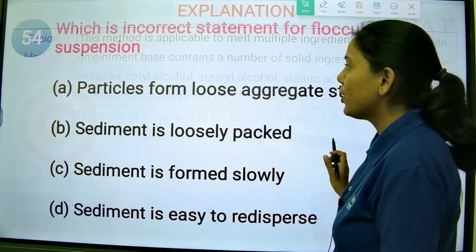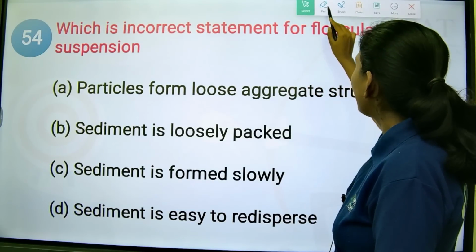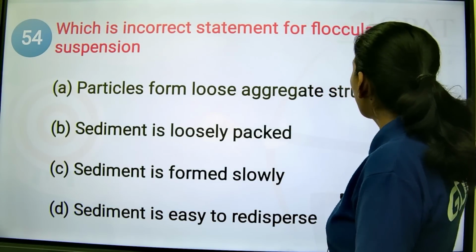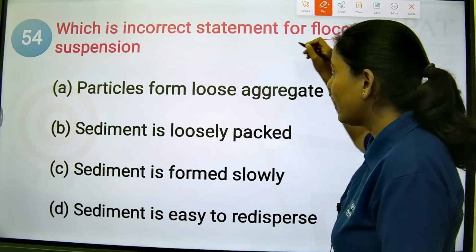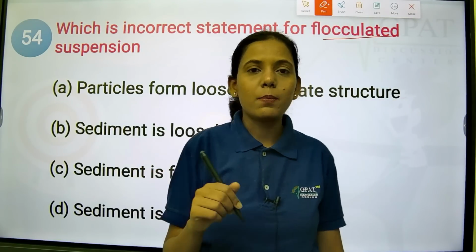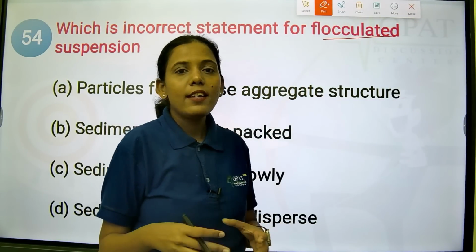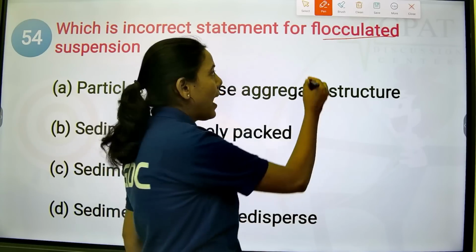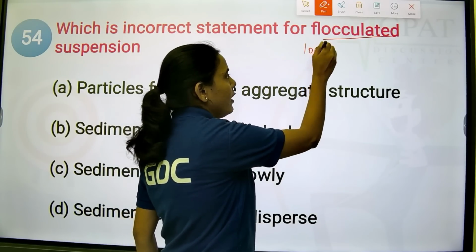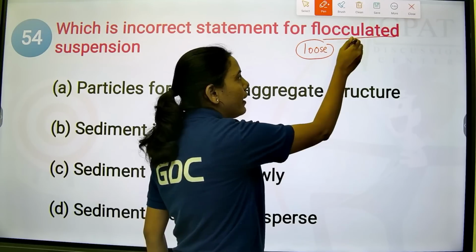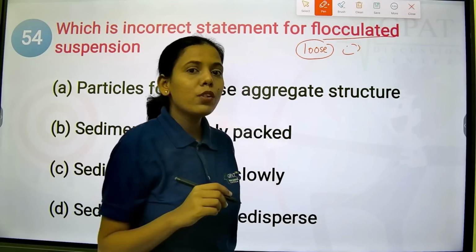The next question is, which is the incorrect statement for flocculated type of suspensions? Flocculated suspension means there are floccules, that is a loose aggregate of the particles, which form loose floccules.